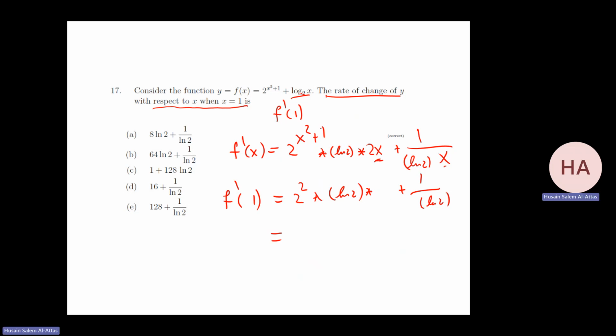So 2 to the power 1 plus 1, 2 to the power 2. This is 4, so I have 4 times 2. That will be 8 ln 2 plus 1 over ln 2. x is 1. And we get that x equal 1.